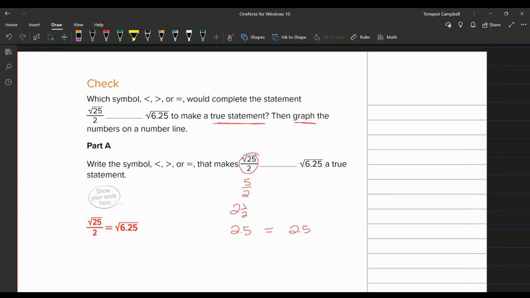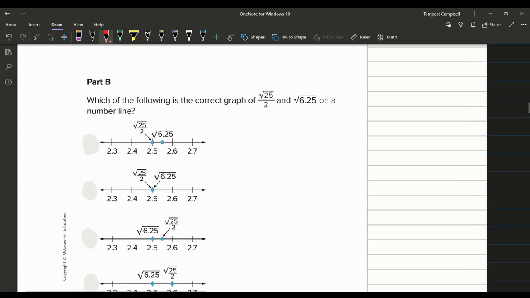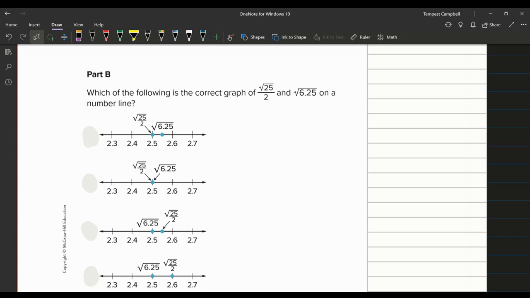Let me check the answer. Yep, they're equal to each other. So even though they don't look like they'd be equal to each other, they are. Now we have to graph them correctly. So they should be graphed in the same spot of 2.5. So it looks like B should be our answer. And it is.